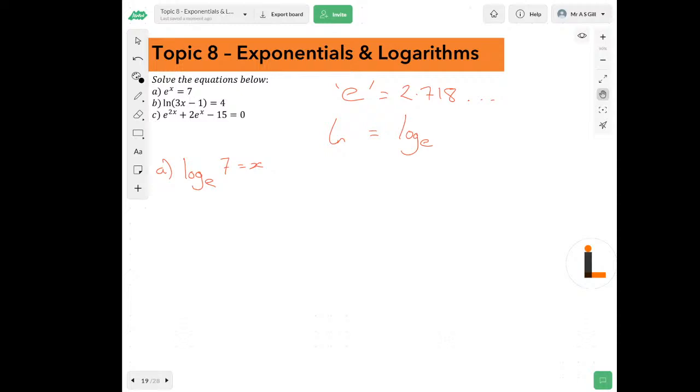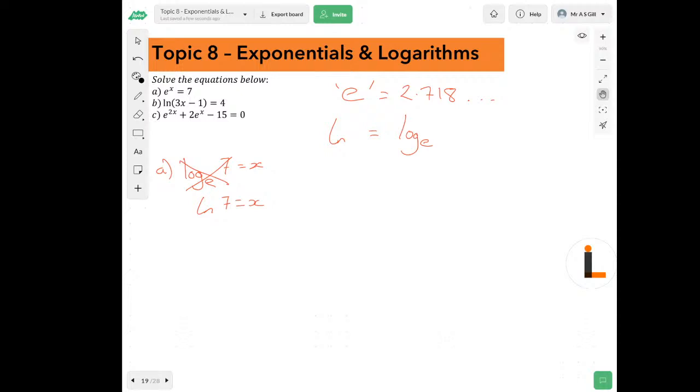But again, we said we don't write log e, so actually this would be ln 7 equals x. And we'll just plug that into our calculator using the ln button. And again, we just go through and find a value for that.